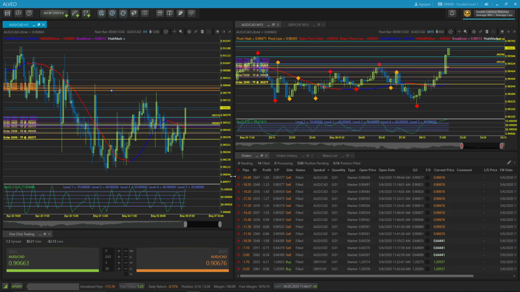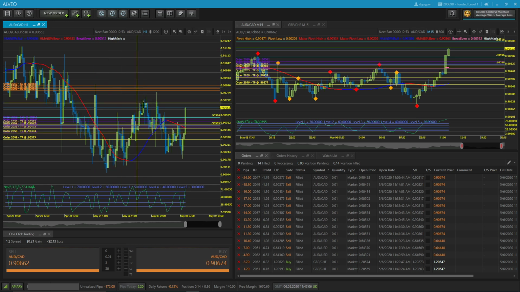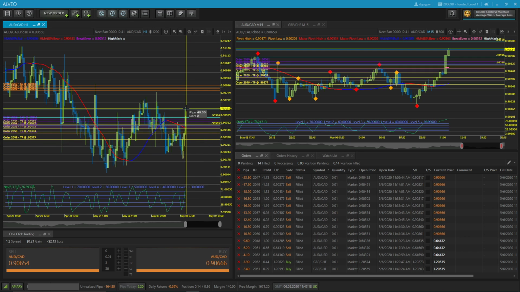The only thing that scares me is something like this, where it was 65 pips, we could still have quite a bit to go. That's 45, so another 20 pips would put us up here where our stop losses are.